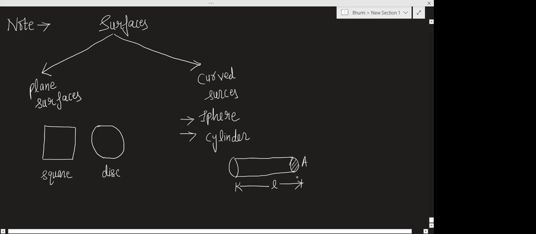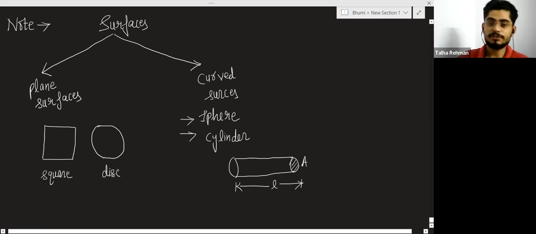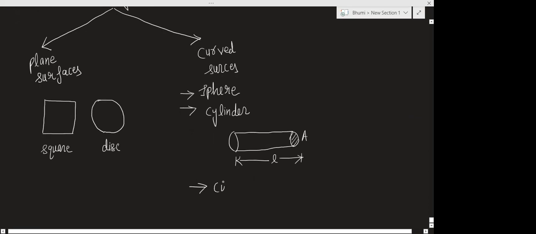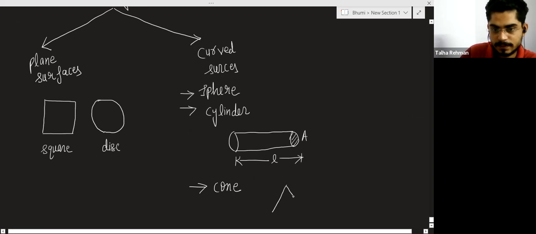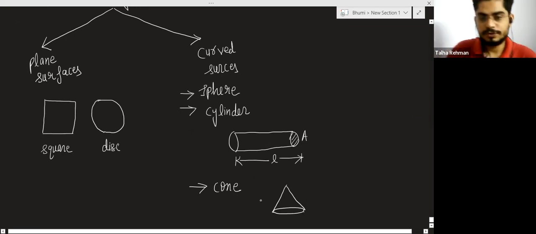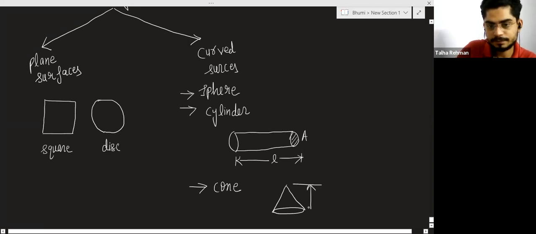So even a cone can be a curved surface, right? Of course, you are right. Very good. You can take the example of cone. Cone is like this. Cone is also a curved surface. This is the height of the cone, and this is the area of cross section of the base of the cone.